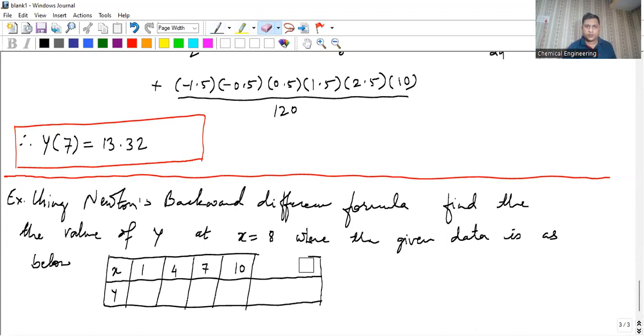So we have been given the data. So this is the given data.